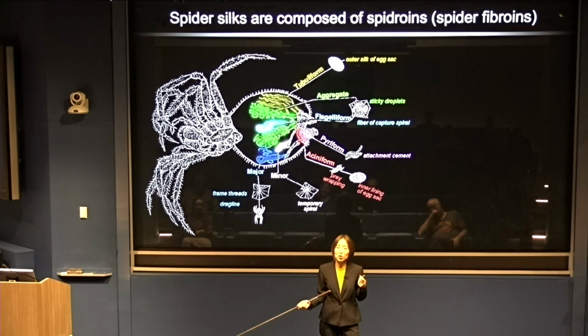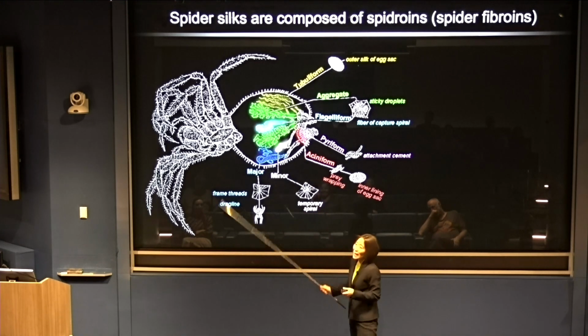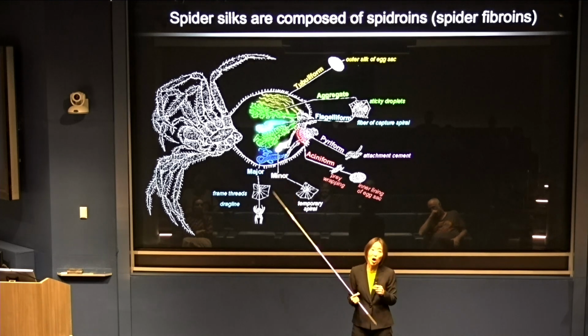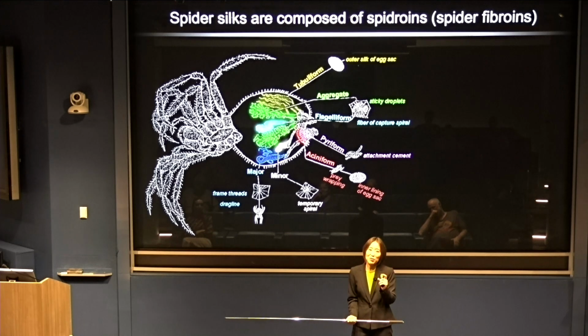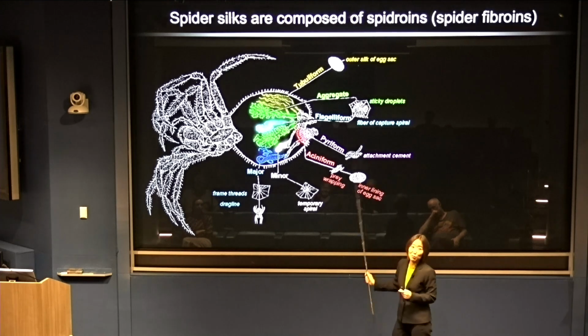It's an extremely high concentration. It's liquid in here, and it's actually in what's called a liquid crystalline stage. So it's partially assembled, but it can't be fully cross-linked, because if you fully cross-link, then the silk cannot flow through the gland, through the duct, and out through the spigot.